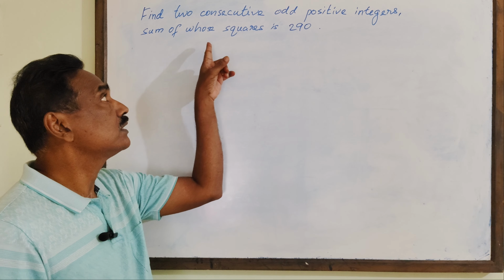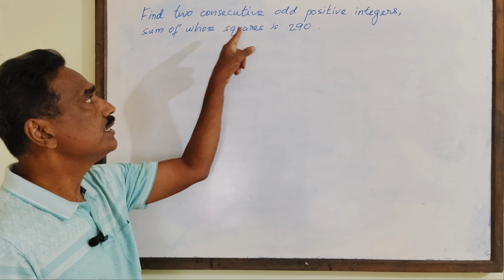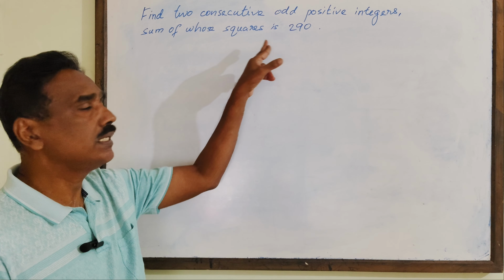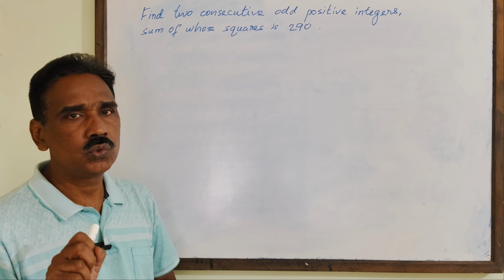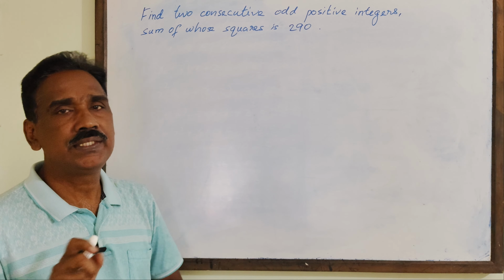Now one more question I have added in this video, that is: find two consecutive odd positive integers, the sum of whose squares is 290. So you are given two consecutive odd positive integers.